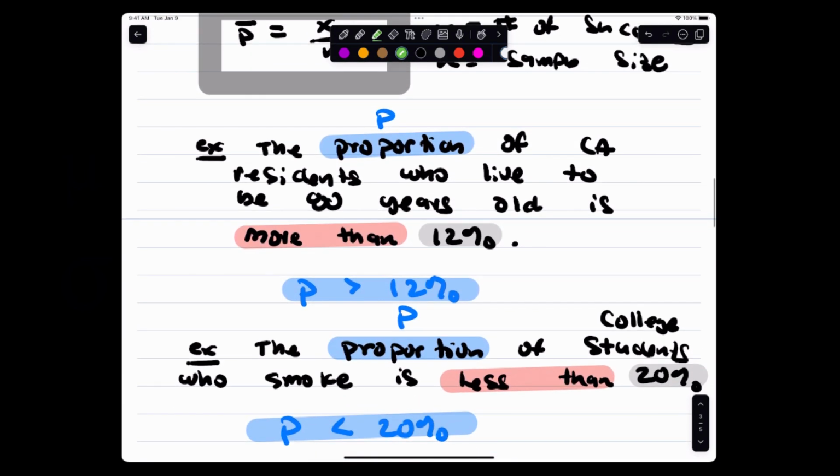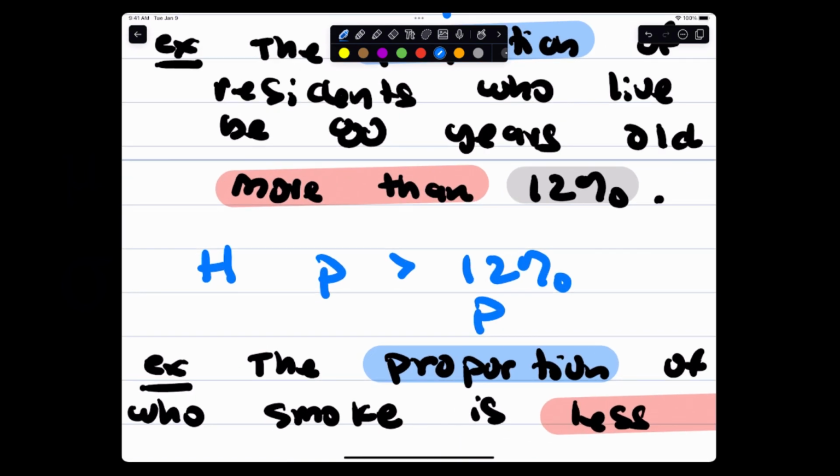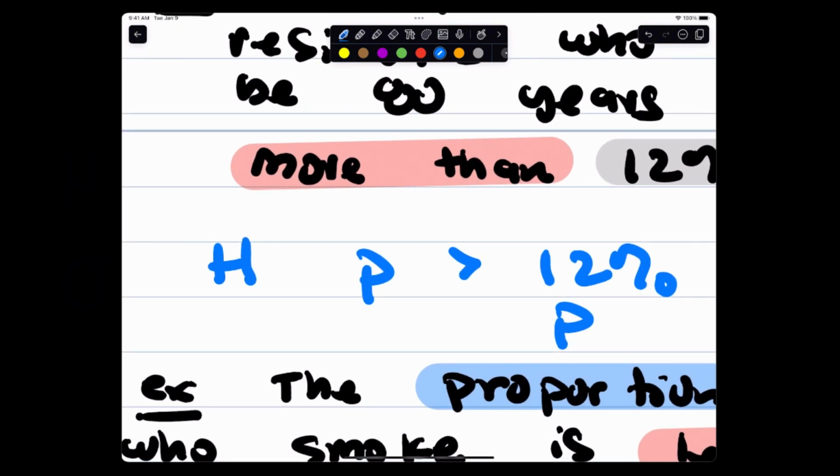All right, what about this over here? H what? Is that a null or is that an alternate?